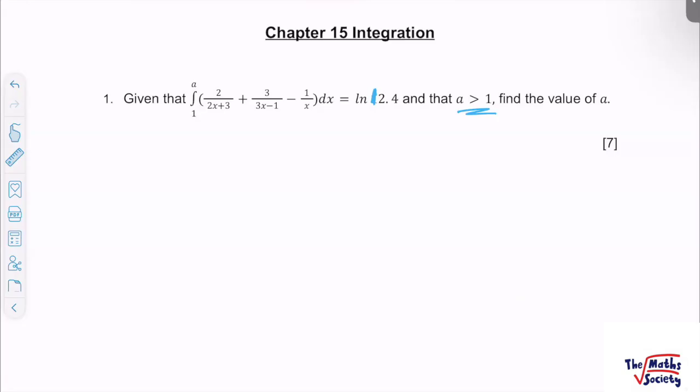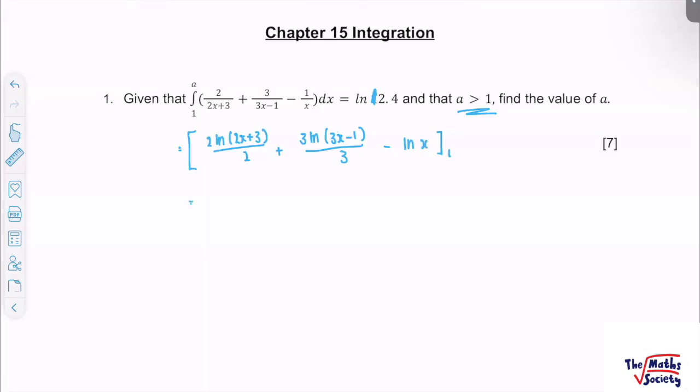So first of all, because it's an integration, we'll start with integrating it. So it should be 2 ln(2x + 3) divided by 2, plus 3 ln(3x - 1) divided by 3, and that's going to be minus 1 by x, which is ln x, with limits from 1 to a.